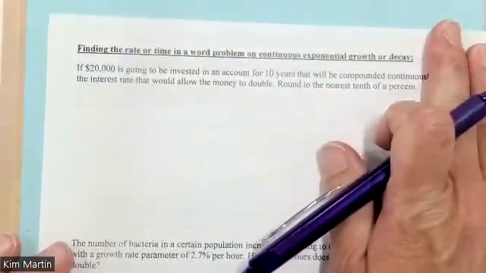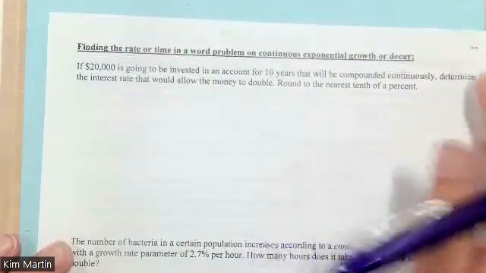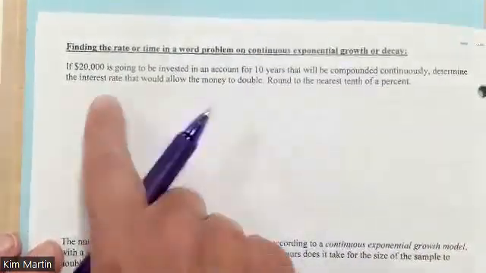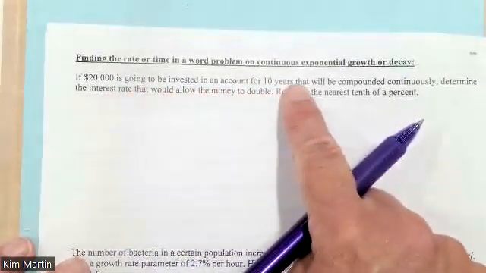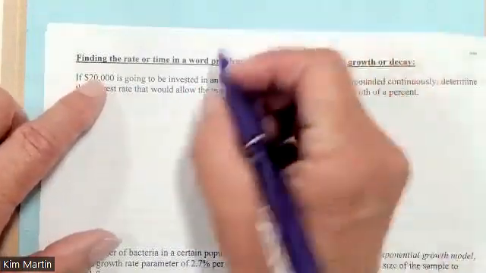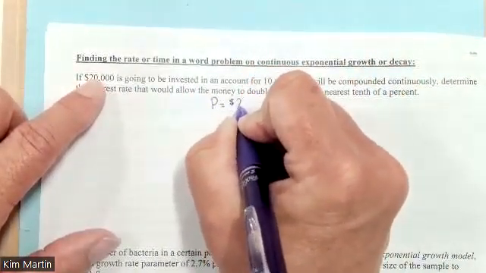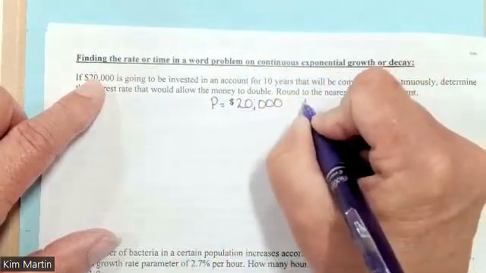Let's see. If $20,000 is going to be invested in an account for 10 years, so our P is 20,000. Our time is 10 years.